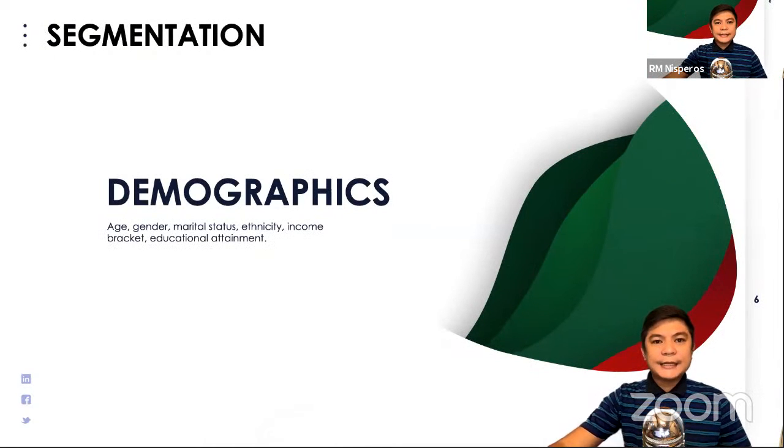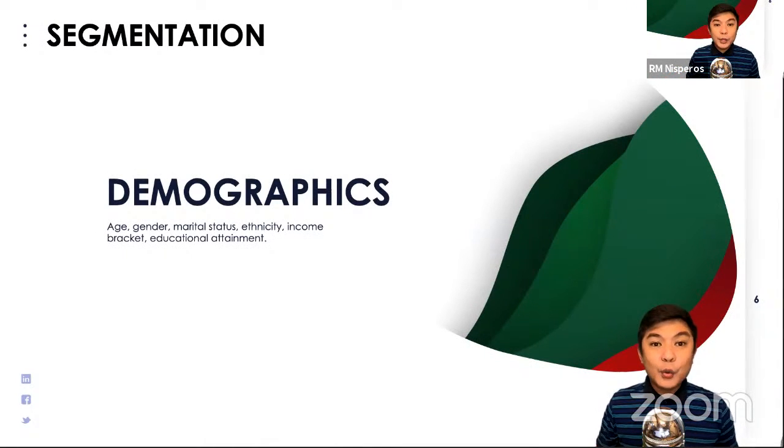So one technique in knowing your customers is to segment them and choose as a group of people who share the same attributes. So what are the ways to segment customers?